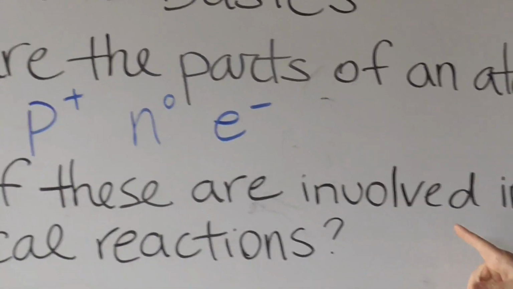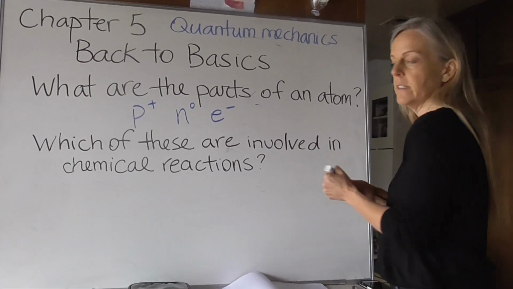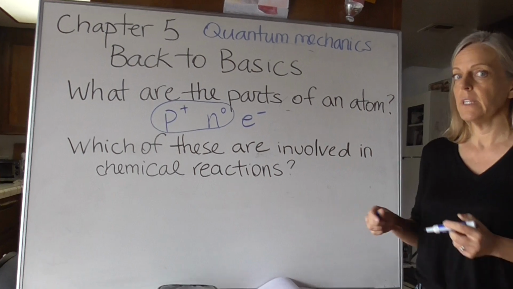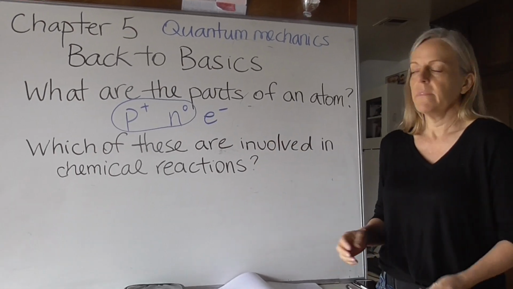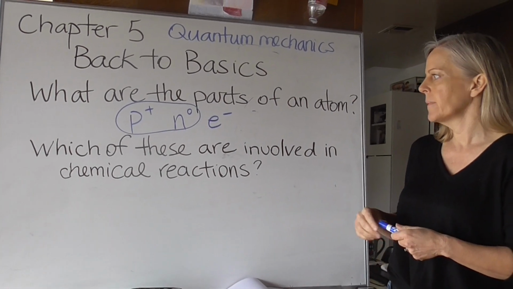If you remember, the protons and neutrons are together. Those 2 are in the nucleus together. And then the electrons, we just put them outside the nucleus. We didn't say where they were, we just said they're not in the nucleus, but they're part of the atom.